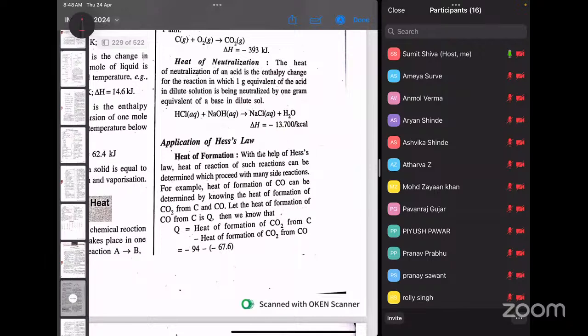Heat of neutralization. The heat of neutralization of an acid is the enthalpy change for the reaction in which 1 gram equivalent of the acid is treated with 1 gram equivalent of base, and the amount of heat energy released is 13.7 kilocalorie.